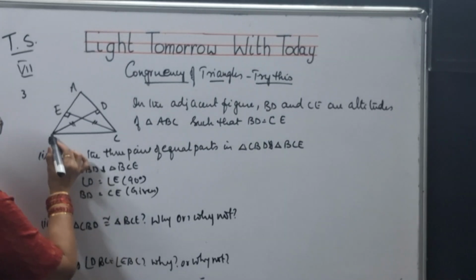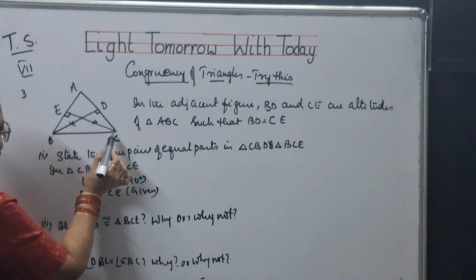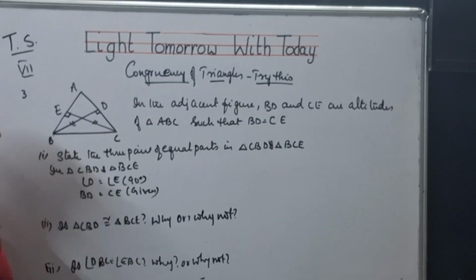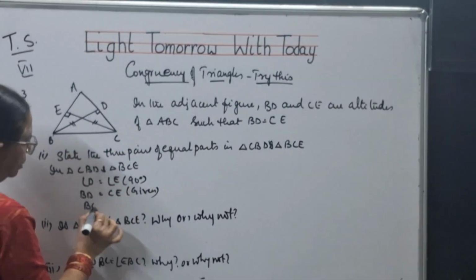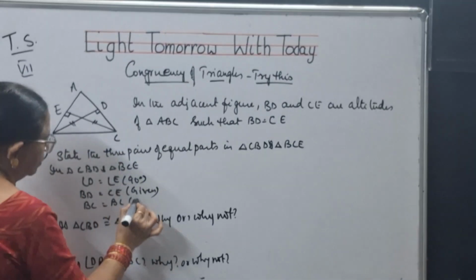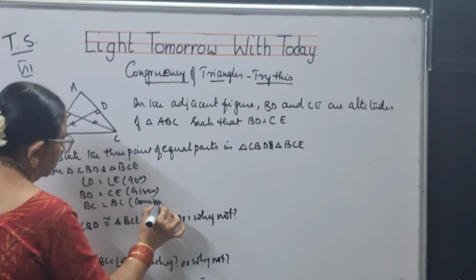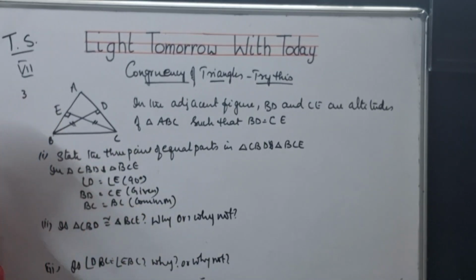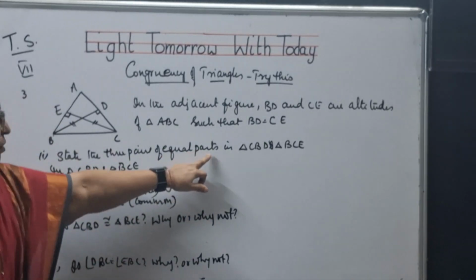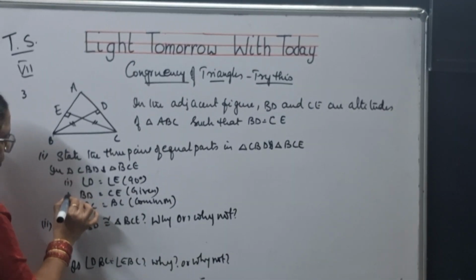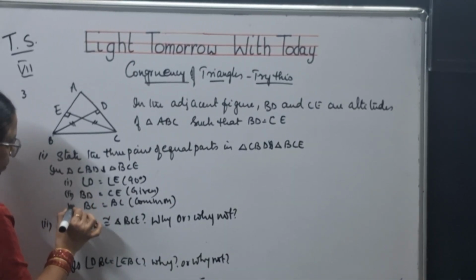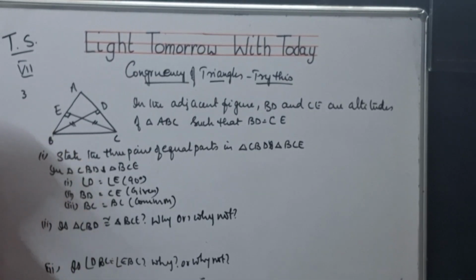And the third one, C. What are the two triangles? Angle CBD. Another triangle is BCE. So BC is common. BC is equal to BC, common. So state three pairs of equal parts. So this is one pair, this is second one, this is third one. So the three pairs of equal parts we have done here.